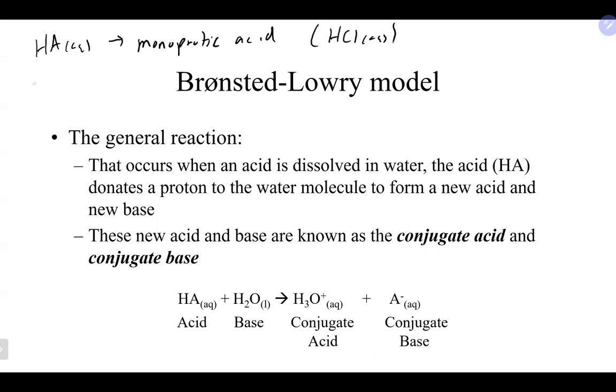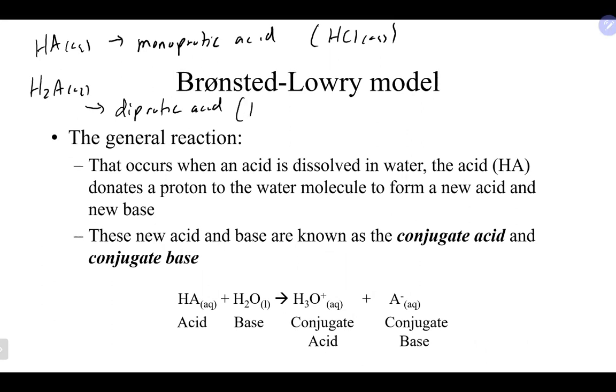You could also have a generic formula for H2A. This is what is sometimes referred to as a diprotic acid. A diprotic acid has two H pluses that can come off. The H pluses, as we'll talk about a little later in this chapter, actually come off one at a time. They do not both just drop off. It is a stepwise fashion as to how those H pluses come off.